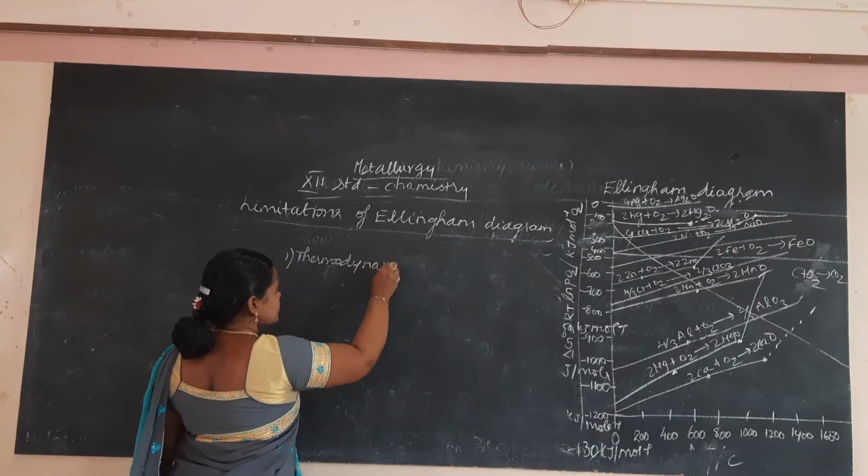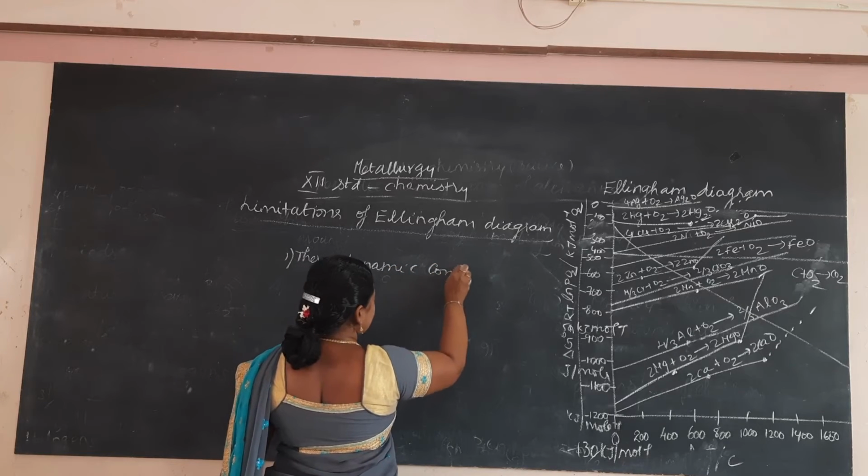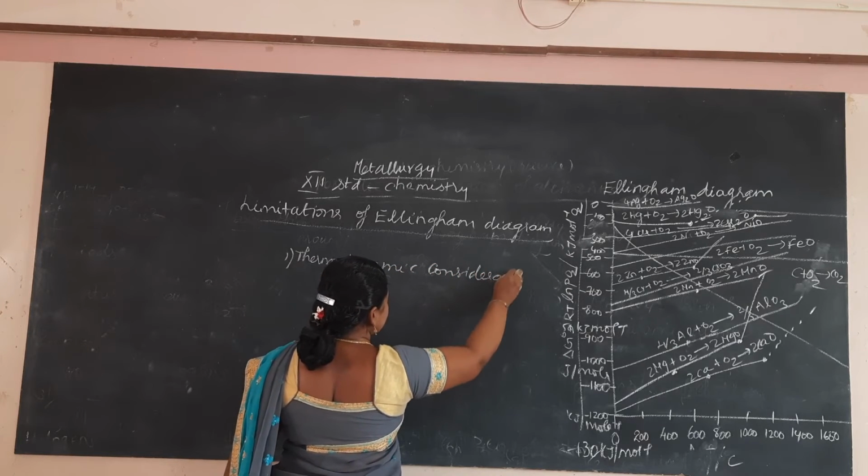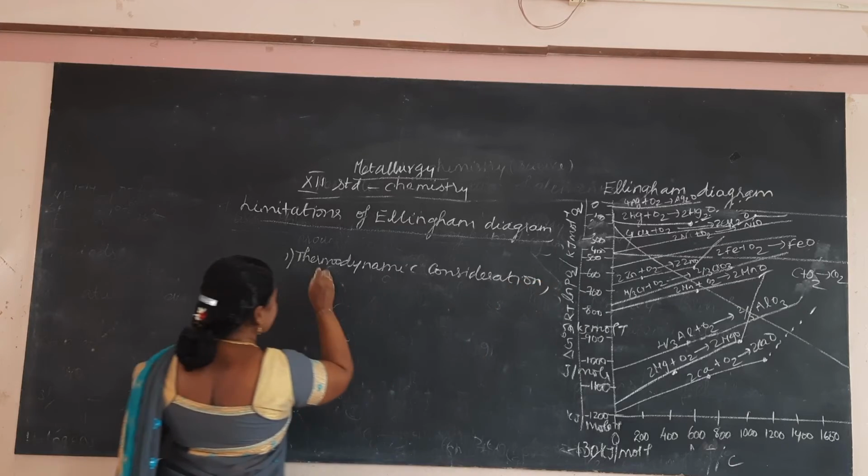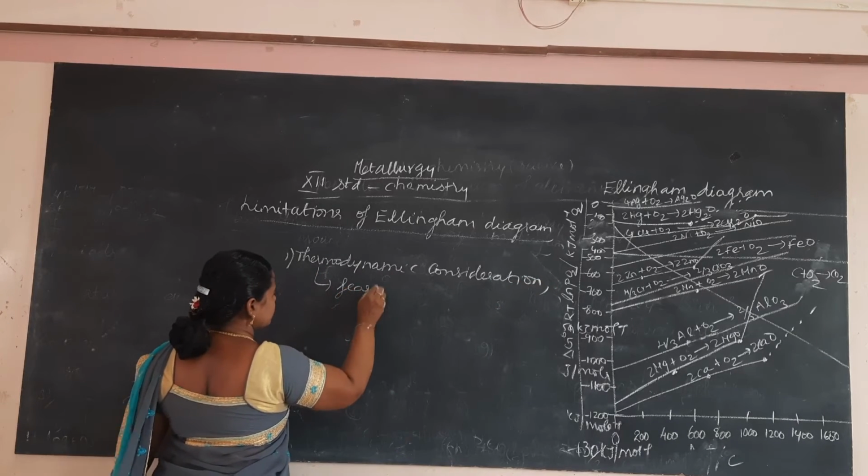This Ellingham diagram is based on the thermodynamic consideration and it gives the thermodynamic feasibility of a reaction.